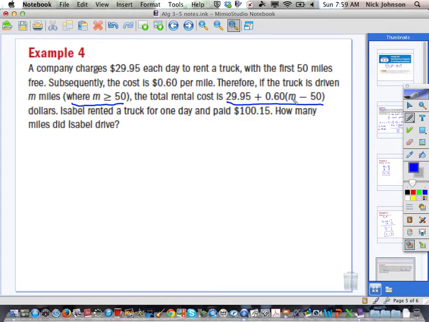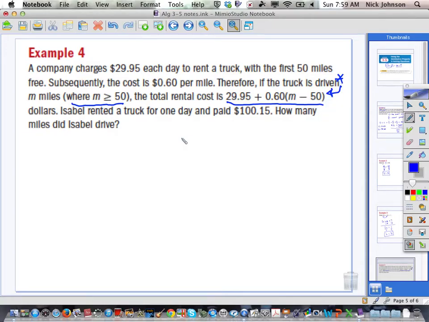So if this was 60 miles, they would only charge you for 10 miles because 60 minus 50 would be 10, right? If this was 100, 100 minus 50 would be you'd pay for 50 miles, and so forth. Okay? So notice this equation because you're going to have something like this on your quiz or on your test in the near future. Pay attention to how they got this equation.